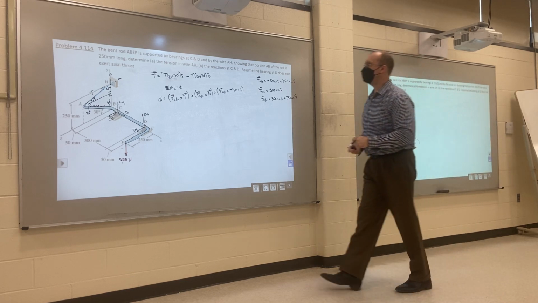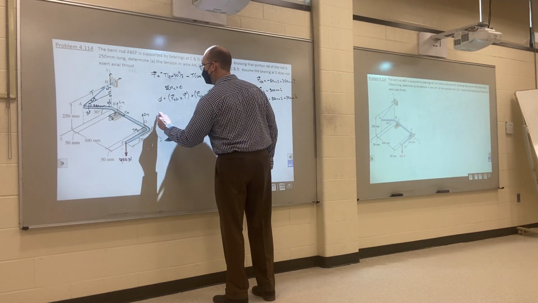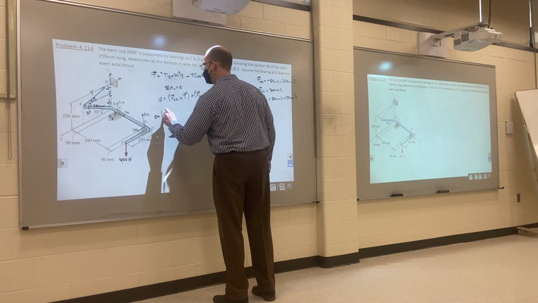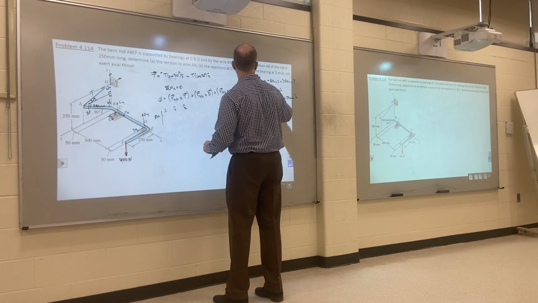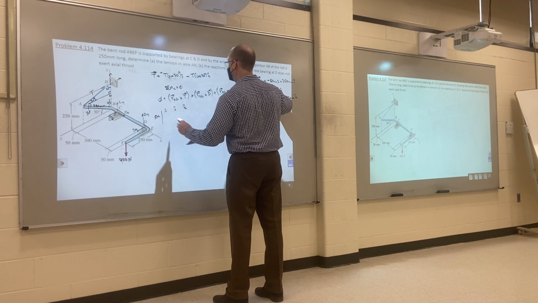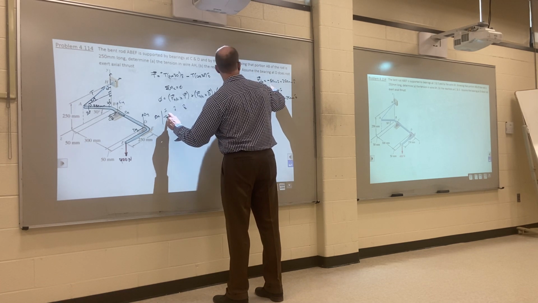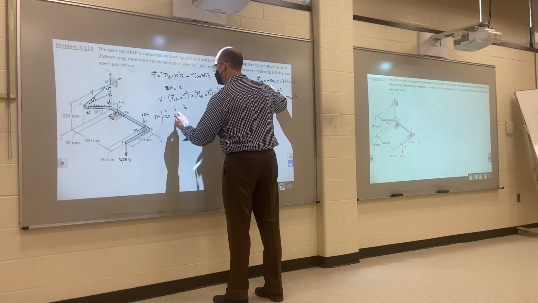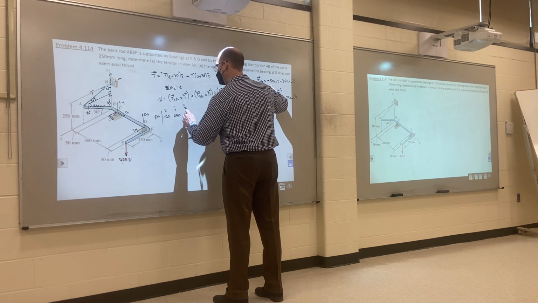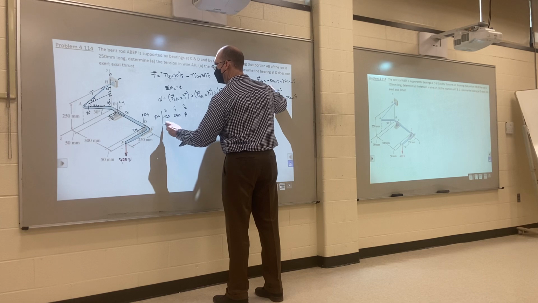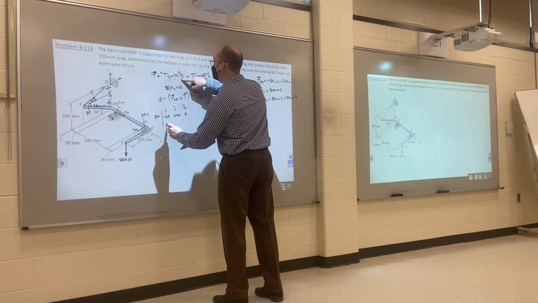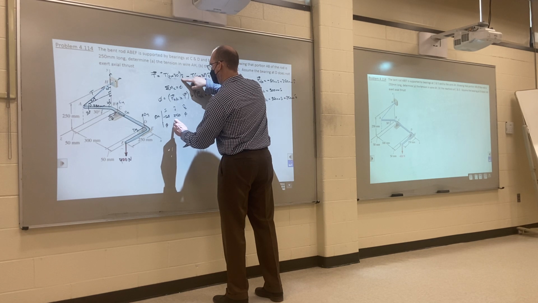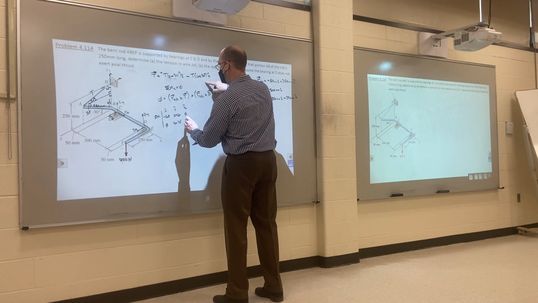All right, let's write out our three determinants. 0 is equal to I, J, K. H with respect to C is negative 50 I plus 250 J. 0. And T is equal to, it's got J and K, right? So that's 0. And this is, I'm just going to put sine of 30 in here. And I'm going to put cosine of 30 here.